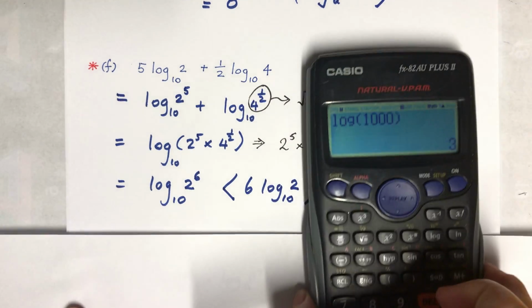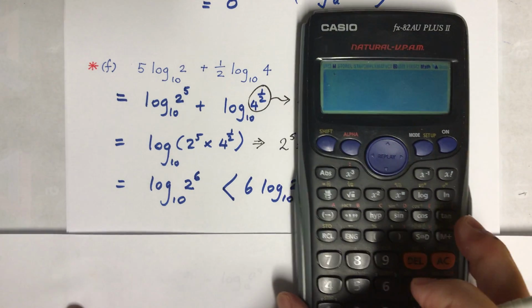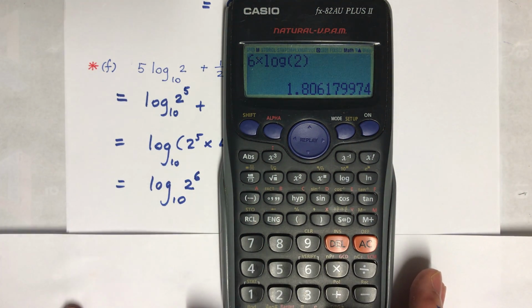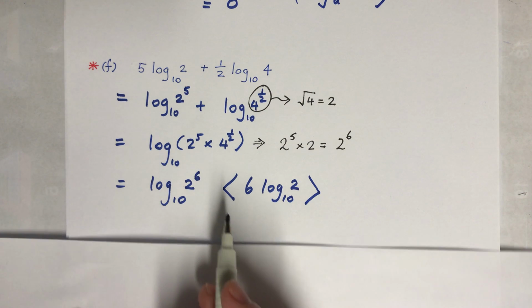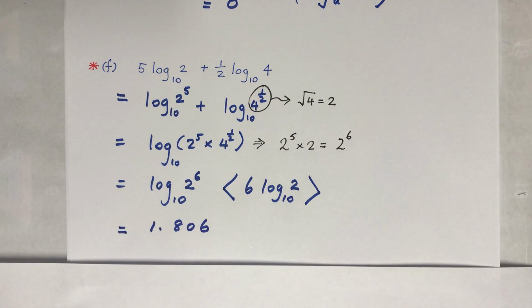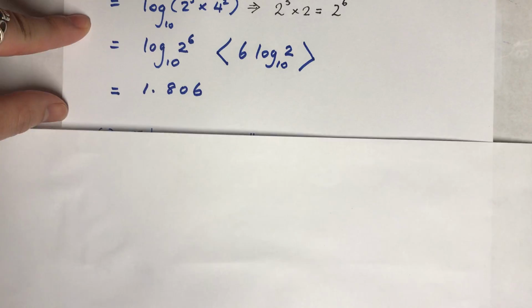So if I put that in a calculator, I'll get 6 times log, because that's log base 10, so I can use my calculator straight away. So I'll get 1.806. I'm going to do it to 3 decimal places. 1.806. Okay, so that's the answer. Next one.